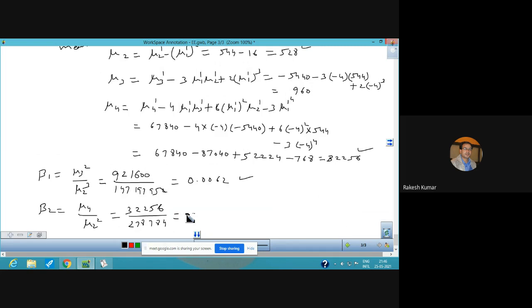So you can divide. So 32256 divided by 278784. So you will have the value 0.1157. This is the coefficient of kurtosis.